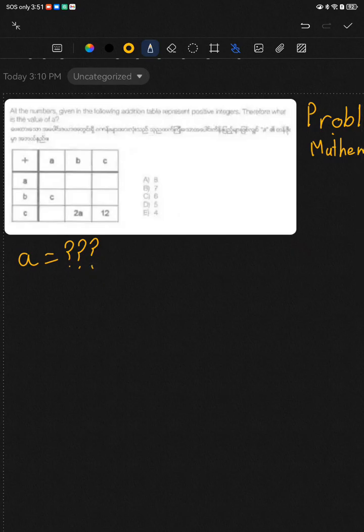This is an addition table, so let me show you how this addition table works. You see a, right? This a plus this a means you add them together, and you get 2a. There's b and b. You add them to get 2b. But what if you want to add b and a?